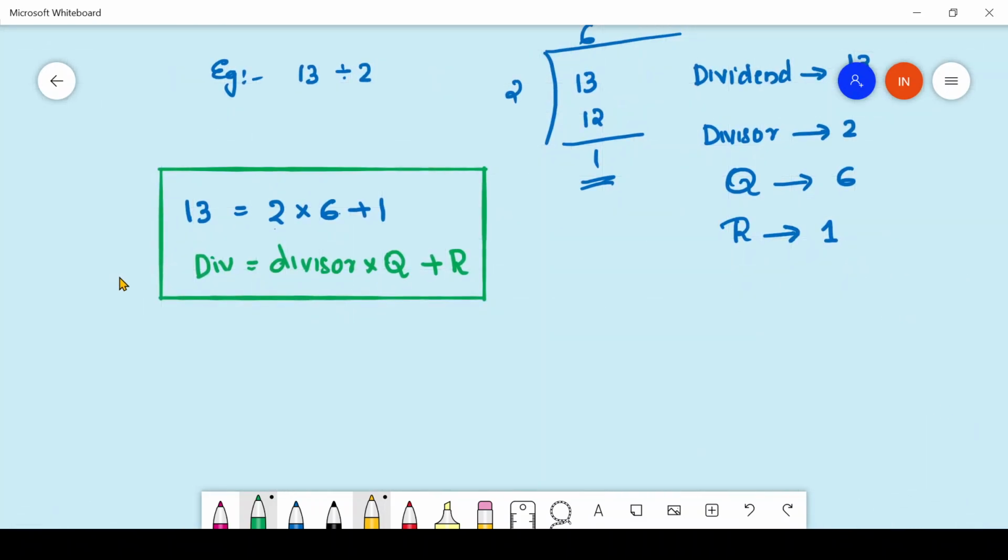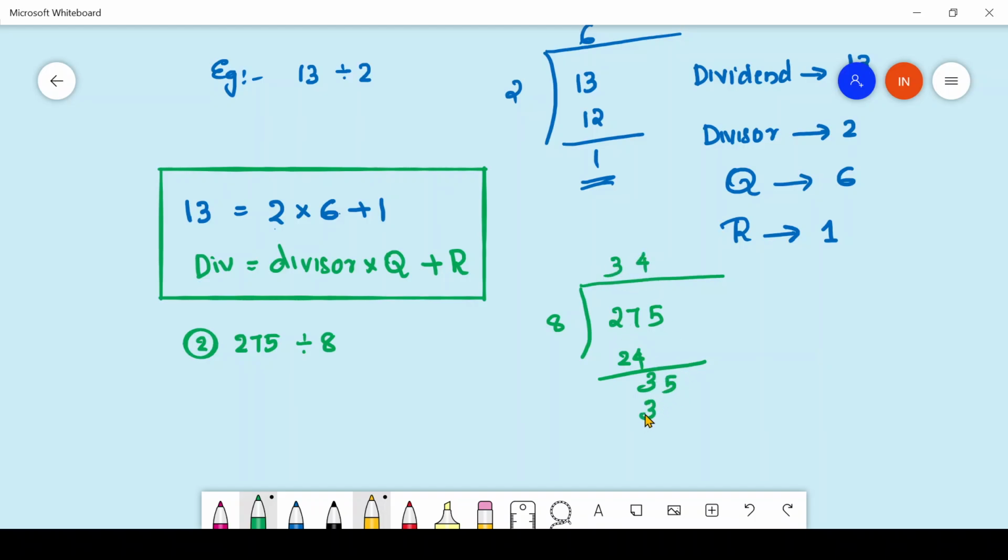Another example: let me divide 275, the second example, 275 with 8. As we have done earlier, I'm going to do it as normal division, 275 with 8. You can see here 3 8s are 24, and we have the remainder 35, and 8 4s are 32, right?